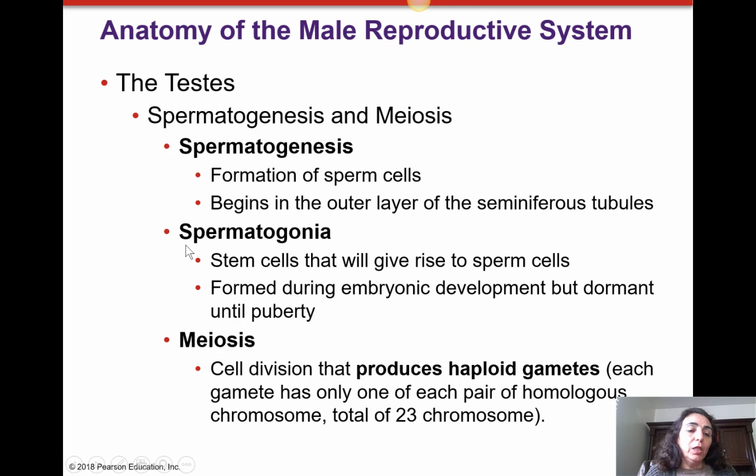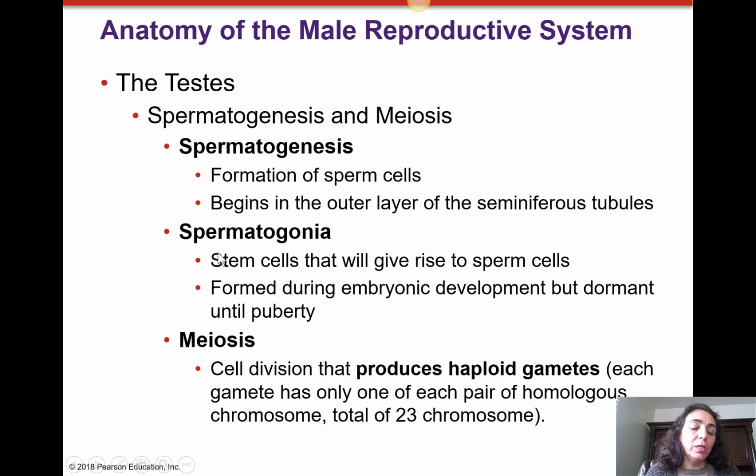Then the cells that we have in the outer layer of the seminiferous tubule are called spermatogonia. Spermatogonium is singular, spermatogonia is plural, right? So each spermatogonium is a stem cell that gives rise to the sperm cells at the end, right?